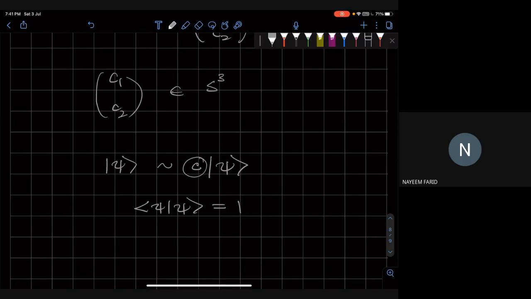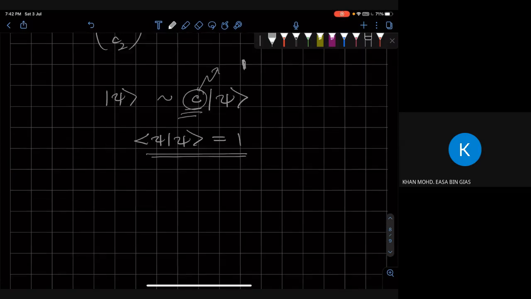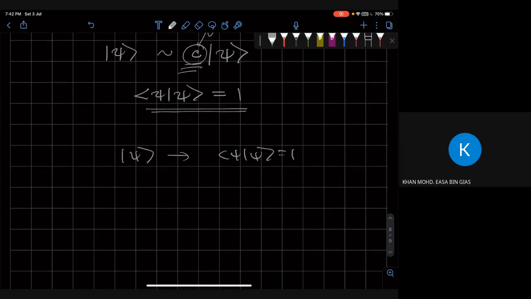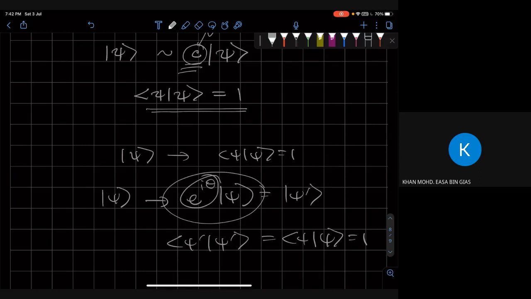All right, so the question is, if I impose this, does that fix this constant to be, say, 1? No, it doesn't. What I'm saying is that it can be a phase, right? I mean, this state gives me this, but if I redefine this state to be e to the power i theta times psi, then this state, let's call it psi prime, has norm equal to 1, because this is just a phase, and the phase drops out, right?